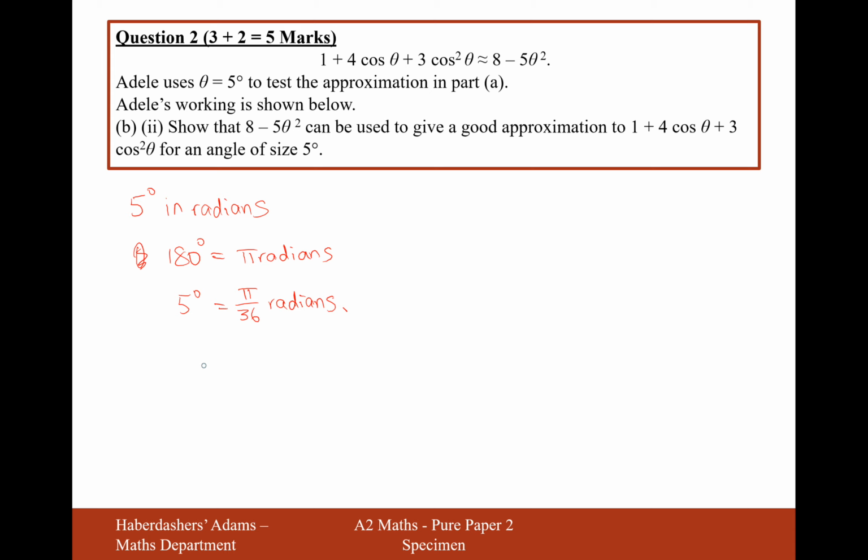Now we can use this expression, plugging in pi by 36: 8 minus 5 times pi by 36 squared. So let's substitute that in. We'll put pi by 36, square the answer, and then do 8 minus 5 times the answer, and we get 7.919, to 4 decimal places.